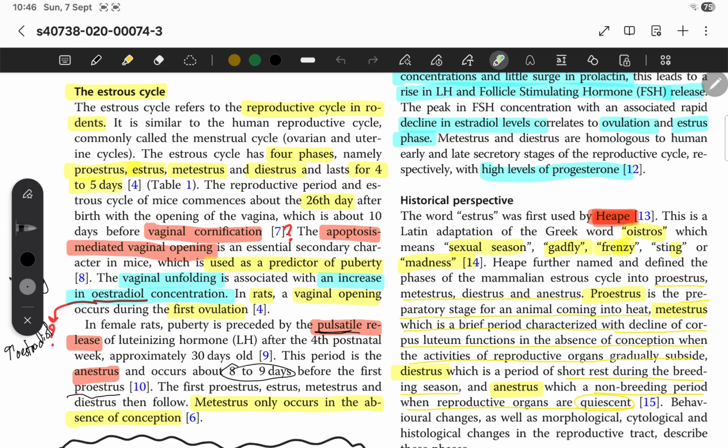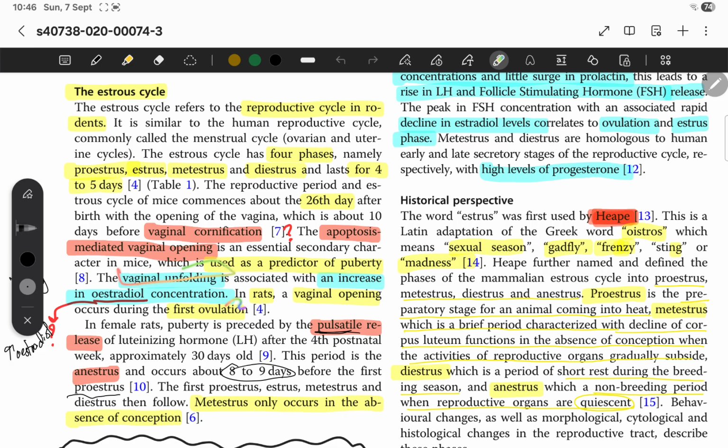So the reproductive organ and estrus cycles of the mice commence about 26 days after birth with the opening of the vagina, which is about 10 days before the vaginal cornification. The apoptosis mediated vaginal opening is an essential secondary character in mice, which is used as a predictor of puberty.